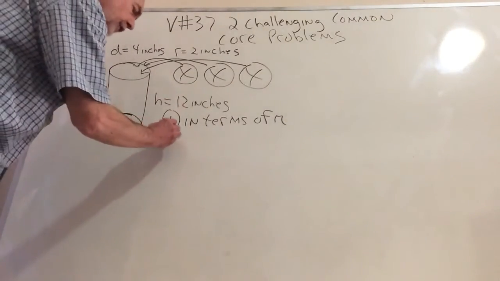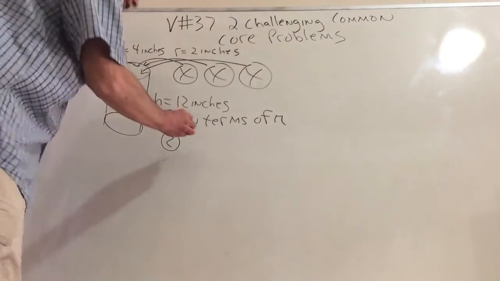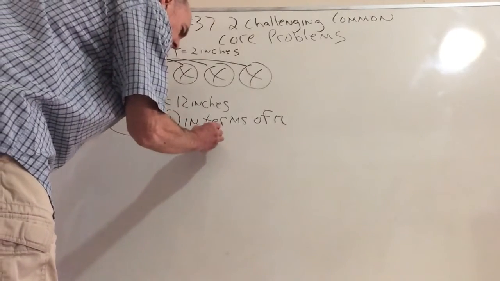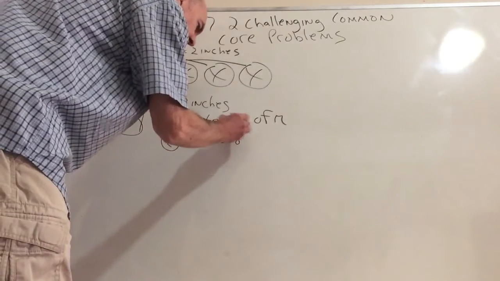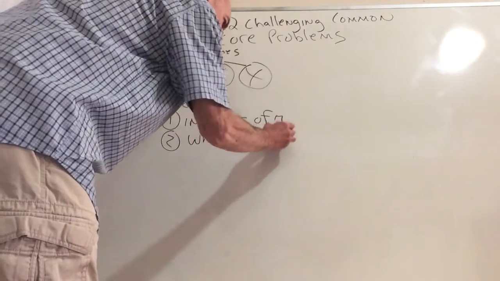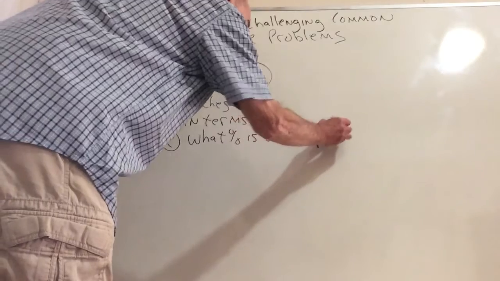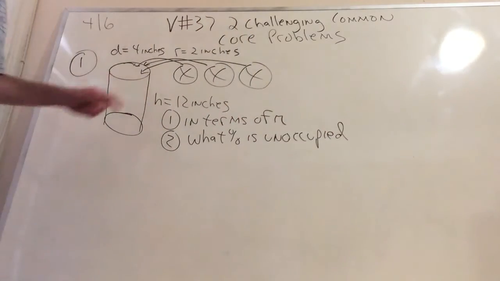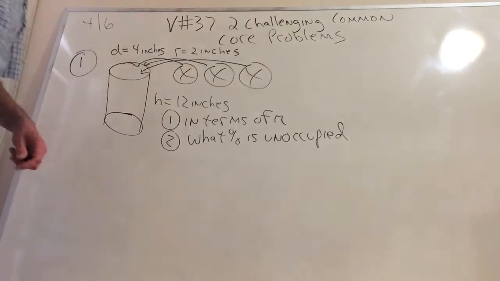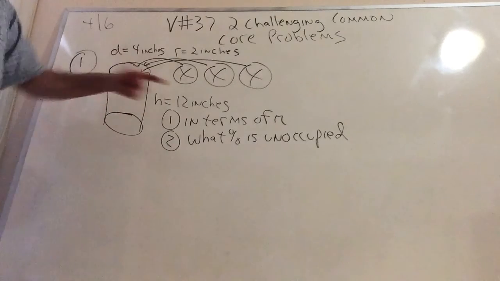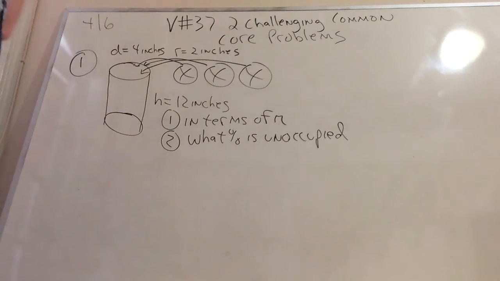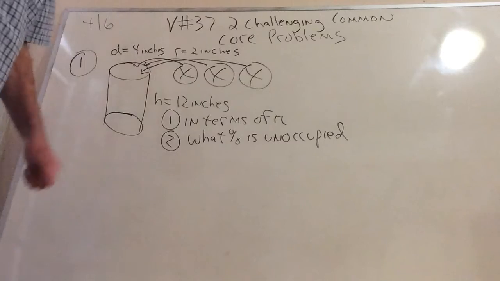And the second question would be, what percent is unoccupied? And you're welcome to use a calculator if you want. It won't help you that much, especially with number 1. But I'll do it both ways, and I'll turn it into numbers if you want me to. And that would be your problem.